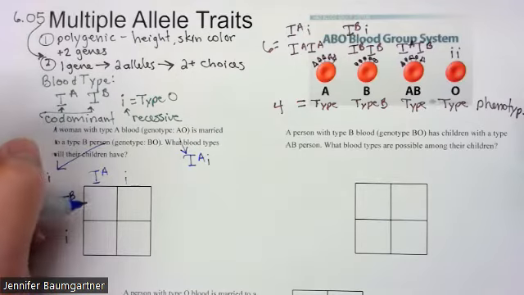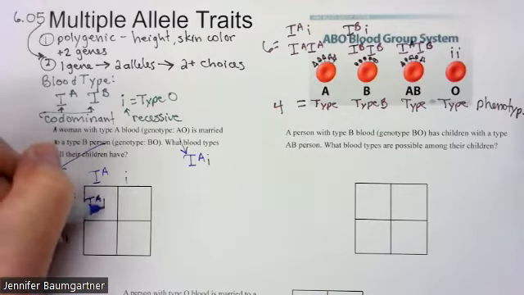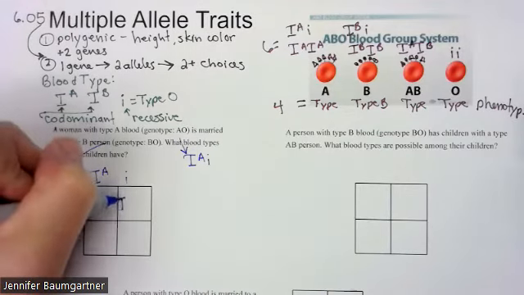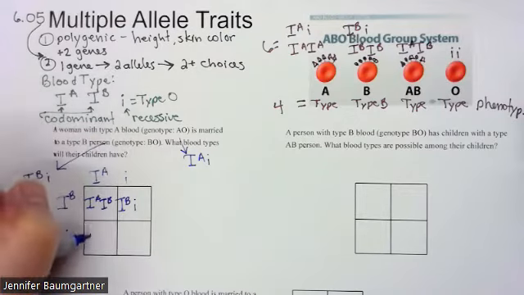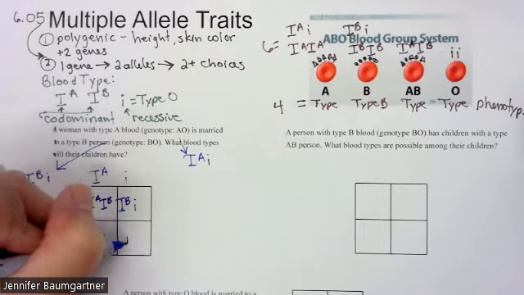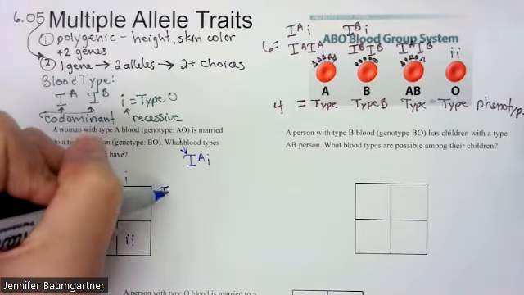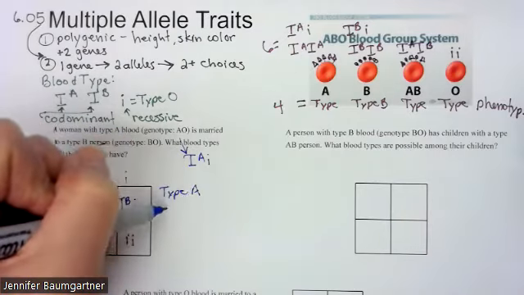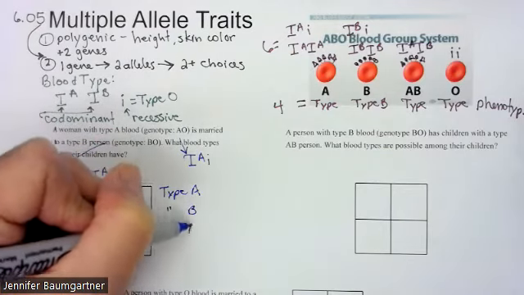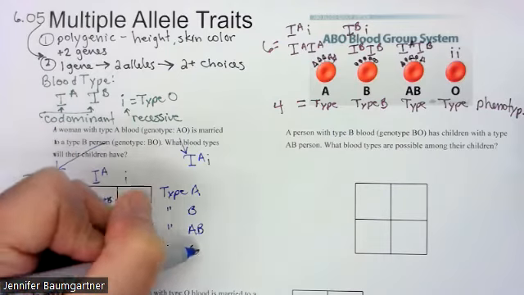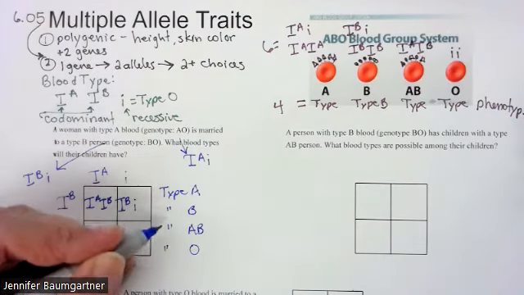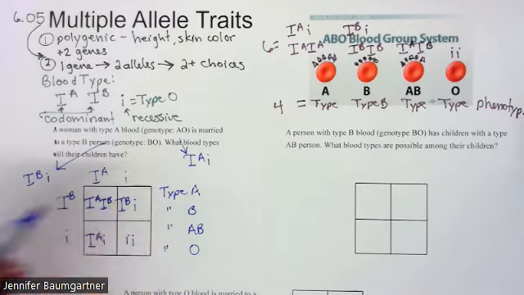All right, did you give it a try? Should have said, did you pause the video and give it a try? So when I fill in my letters, these are my resulting probabilities of blood types for the offspring. And what we see is we're going to have all four blood types. I'm going to have type A, type B, type AB, and type O. By the way, these little hash marks, in case you haven't seen them before, mean the same thing as the line above.